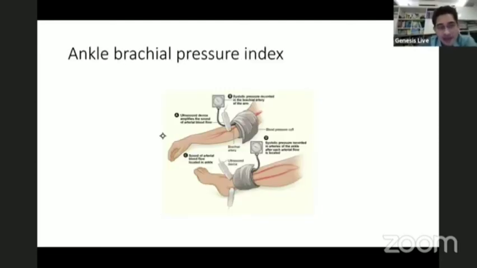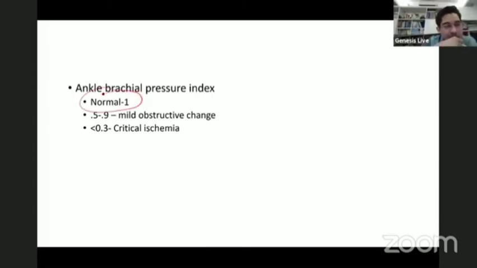And ankle brachial pressure index. What does it mean? You measure the ankle pressure, then you measure the brachial pressure, and then you divide the ankle pressure by the brachial pressure, and the ratio is usually 1. Normally it should be 1. For most of us, it is 1. If it is less than 1, for example 0.5 to 0.9, that means mild obstructive change.